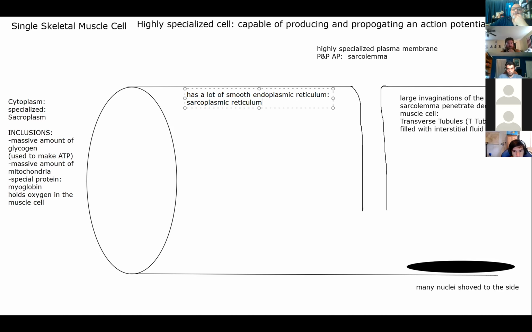If you remember, we talked about how the smooth endoplasmic reticulum in a typical cell can help to make lipids. It can help to affect the plasma membrane of the cell. But remember, we also said how sometimes it can be specialized for storage. And that's the case here. Here, our sarcoplasmic reticulum is specialized for the storage of calcium.